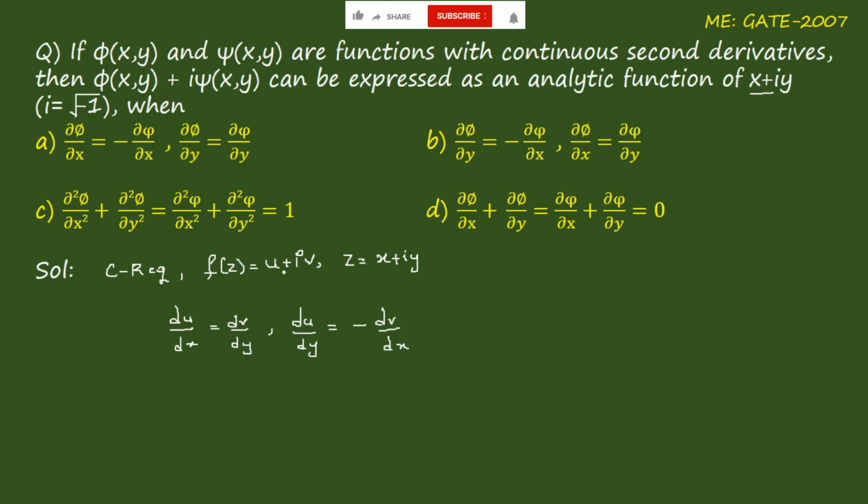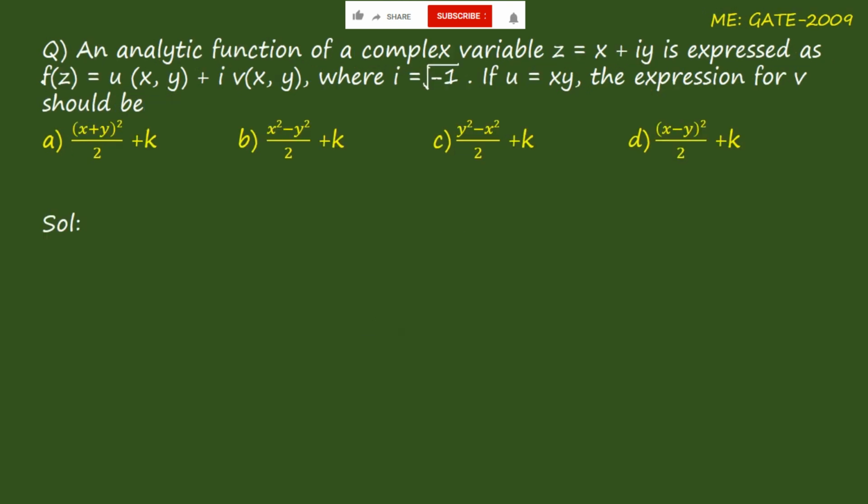Now instead of using u and v, they have given phi and psi, right? So which is equal to phi plus i psi they have given. So in the options, if you see, it is satisfied in option B, right? If you consider phi as u, this is v, and this is u, this is v, it is satisfied. Now come to the next question.